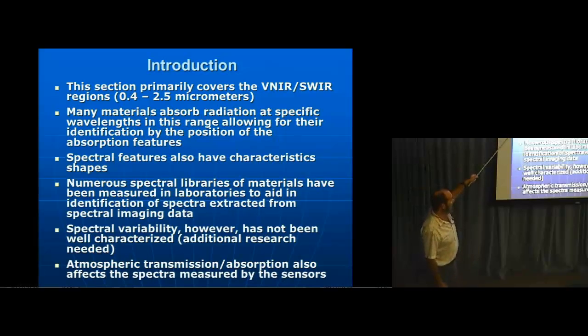And we'll see spectral features, which I referred to yesterday as absorption features. These are the low points in the spectral curves, the reflectance curves, that give you information about what molecules are interacting with the light based upon the wavelength position of the features.